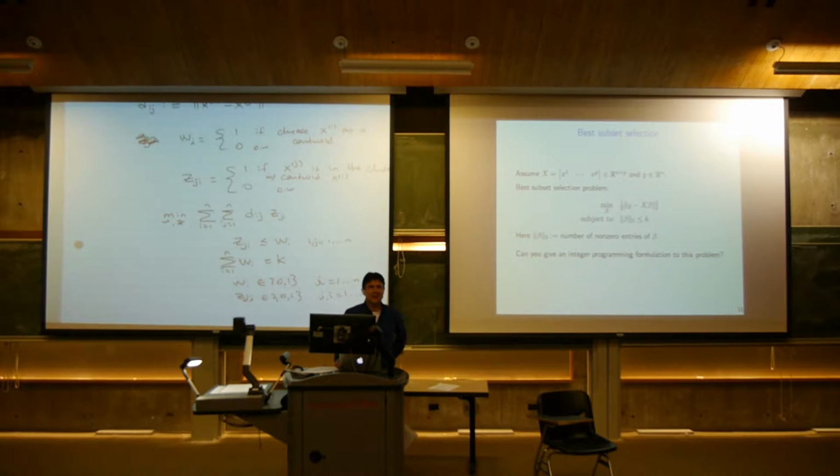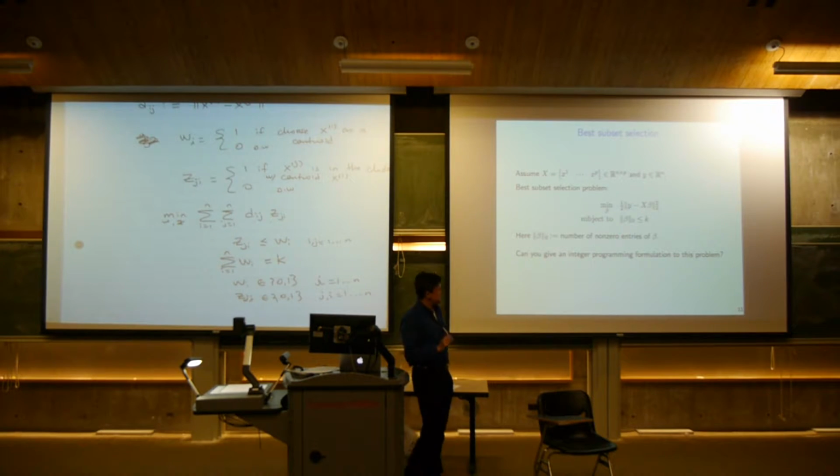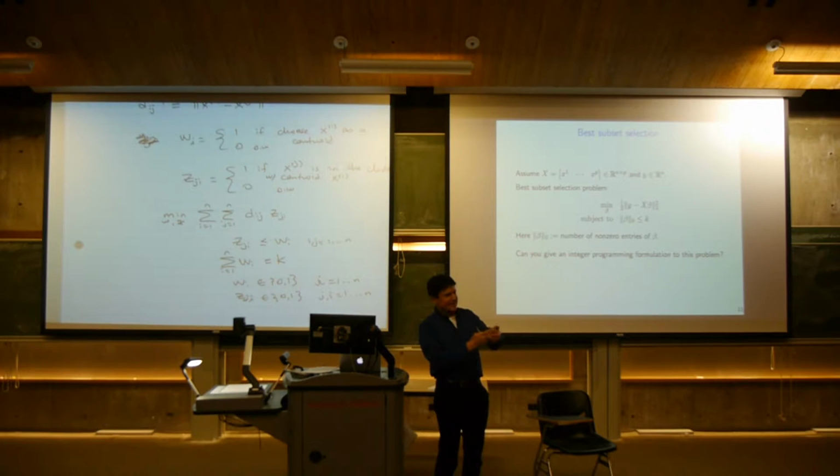Another problem that I'll discuss in much more detail next time, because I find this to be a really, really very exciting, very recent development, is the best subset selection problem. This is an old problem that, of course, statisticians have known about and have thought about for many, many years. In fact, this problem is very directly related to the lasso model.